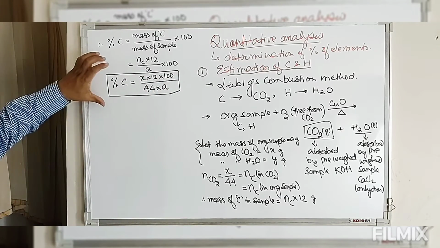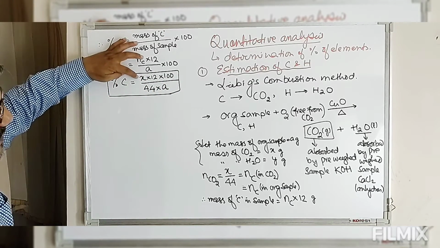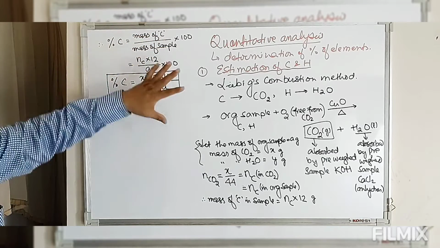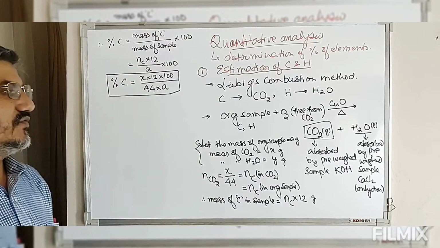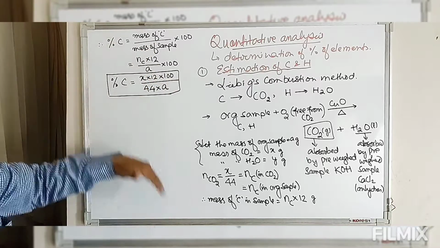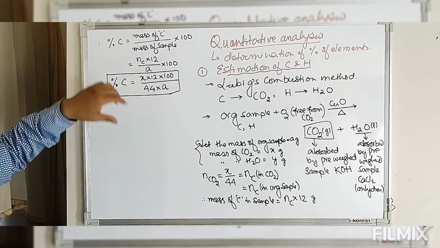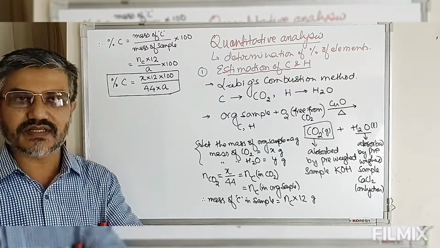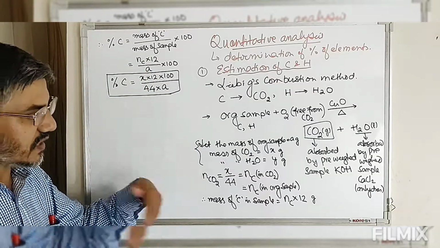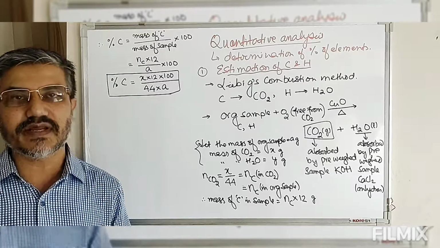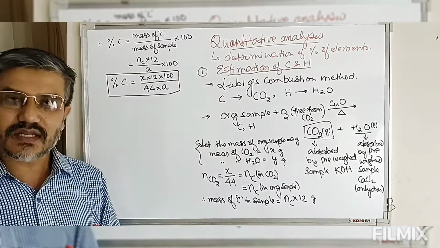The percentage of carbon is the mass of carbon dioxide formed into 12 into 100 divided by 44 into A. Once we have these values, it's very easy to find the percentage of carbon. We have to be very specific about the final equation. So this is how we define the percentage of carbon from the quantity of carbon dioxide formed during this chemical process.